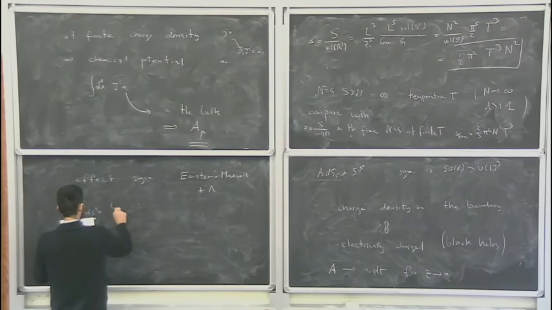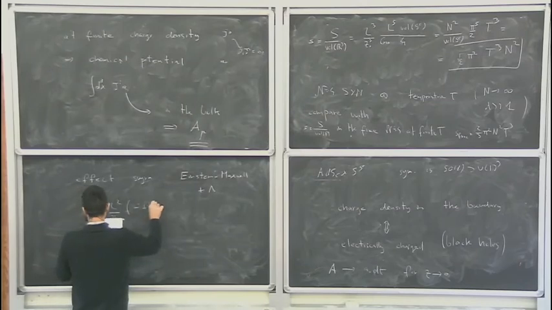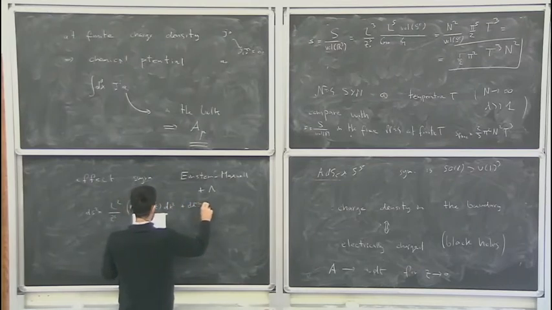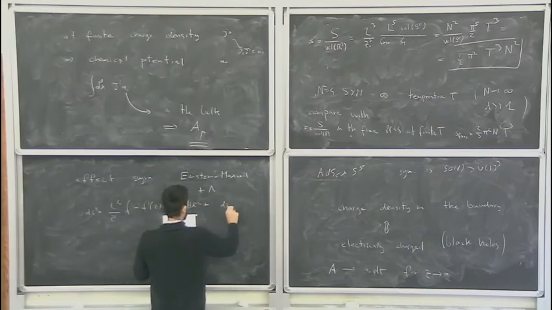The solution takes this form: minus f of z dt squared plus dx squared plus dz squared over f of z.